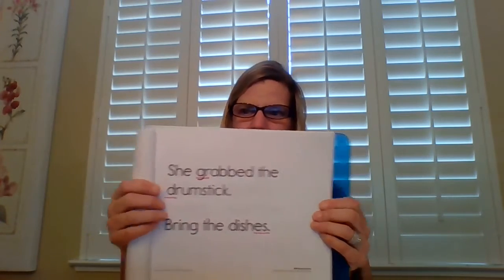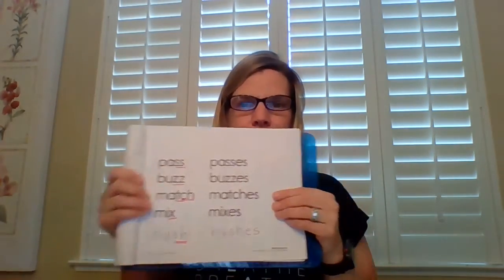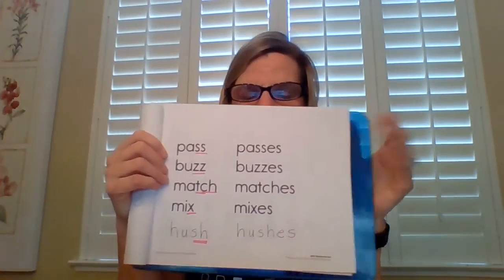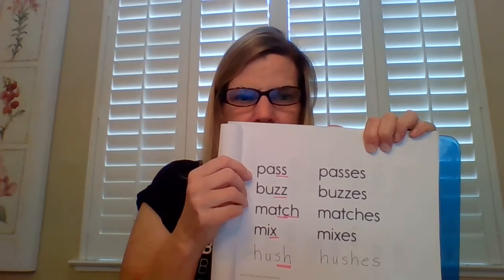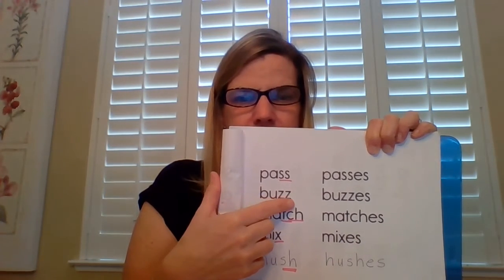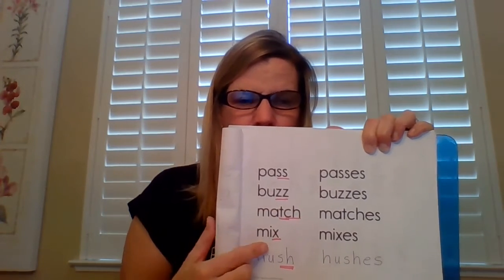We add S to the end of words when we are talking about more than one, but we use ES with words that end in SS, ZZ, CH or TCH.